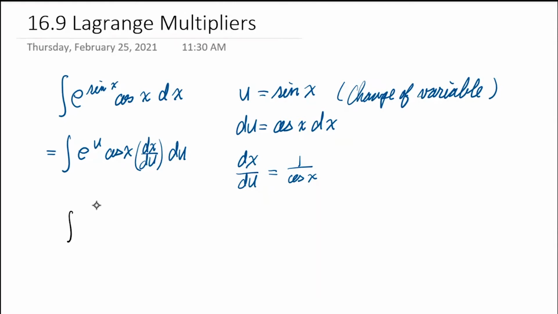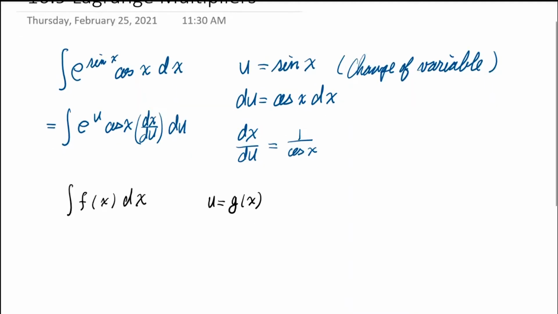So let's say we have some kind of f of x dx. Now we want to do the change of variable, so we say u is some function of x. Good. What that means is now we are putting this as f of x, but x itself is a function of u.